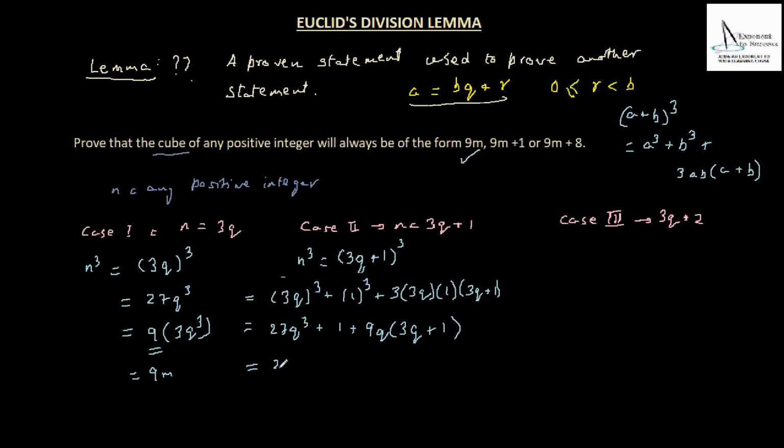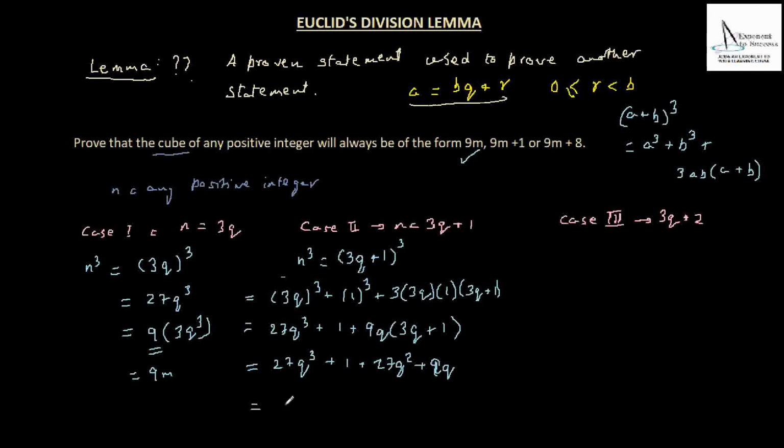I can open the brackets now, so I get 27q cube plus 1 plus 9q times 3q is going to give me 27q squared plus 9q times 1 is going to give me 9q.